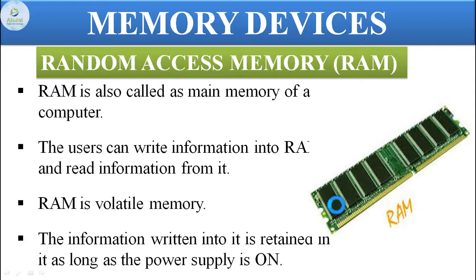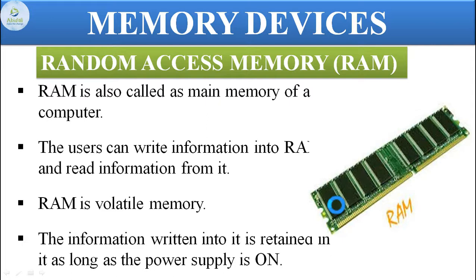RAM stands for random access memory, which is the main memory or primary memory of the computer. The user can write information into the RAM and read information from it. So reading and writing operations can be performed on the RAM. But there is one disadvantage of RAM: it is volatile in nature.